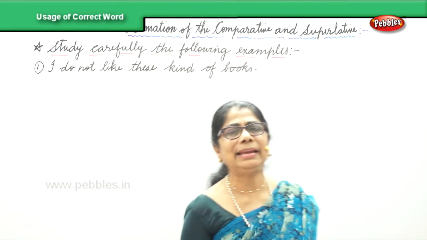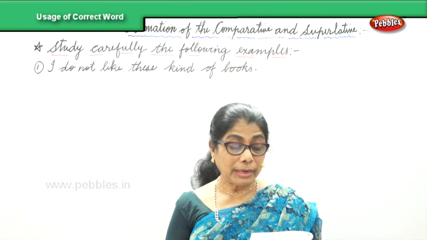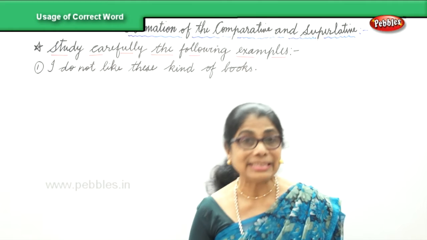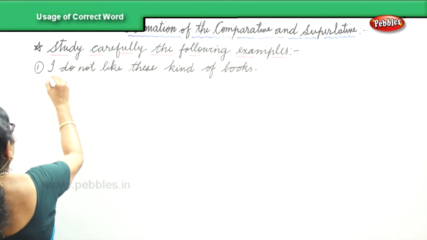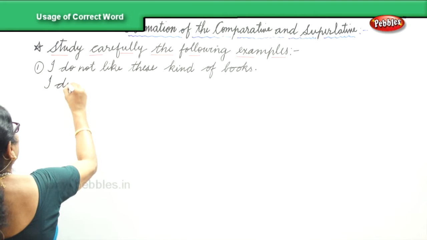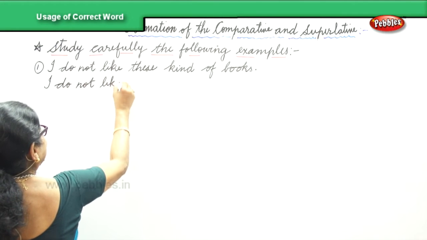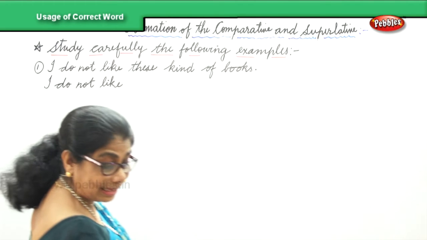Normally it is said like this, but you cannot say that. You cannot say, I do not like these kind of books. This is singular. So that is where we need to do correction. You don't say these, you say, I do not like this kind of books.